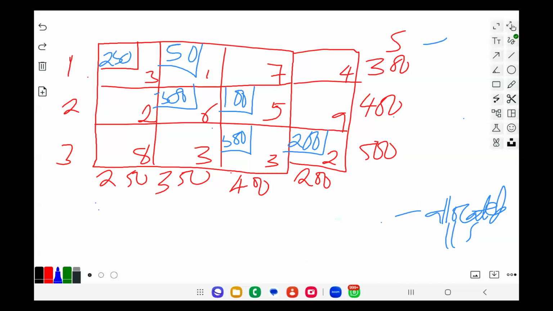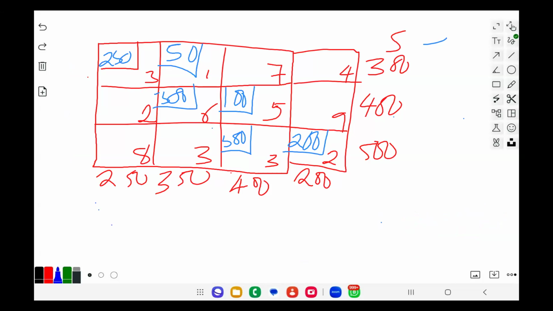Having said all that, now that this is holding, look at what you are expected to do. First of all, you're going to set up the numbers here.